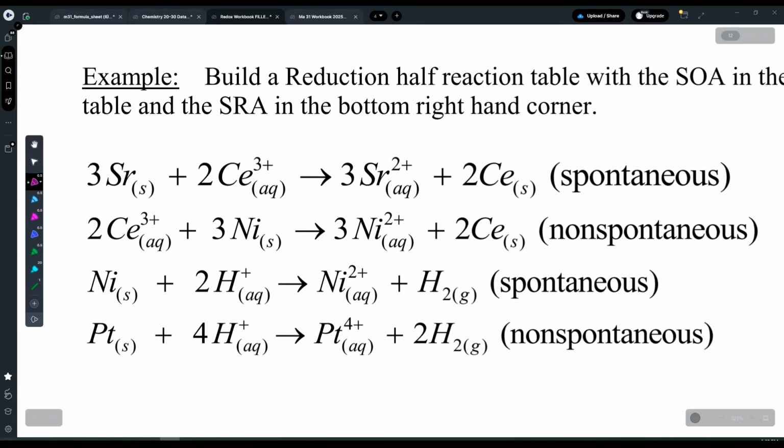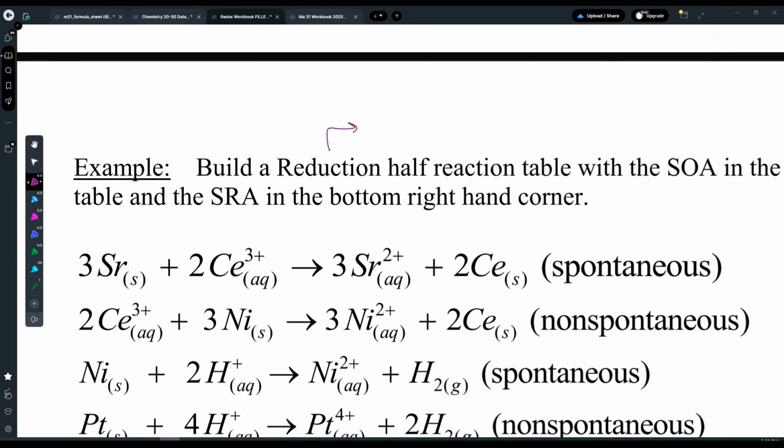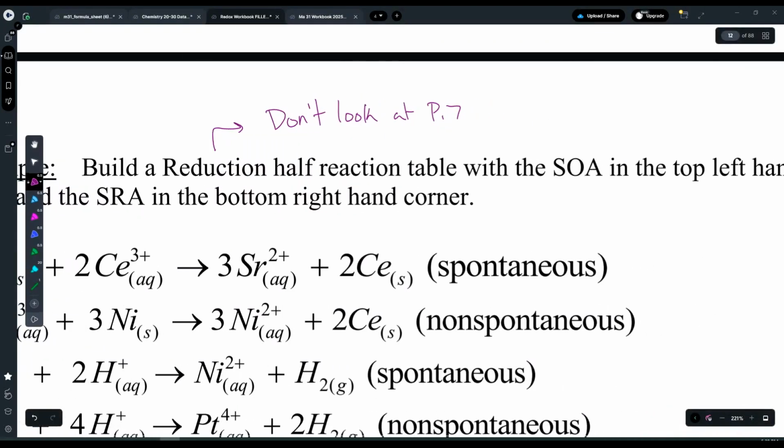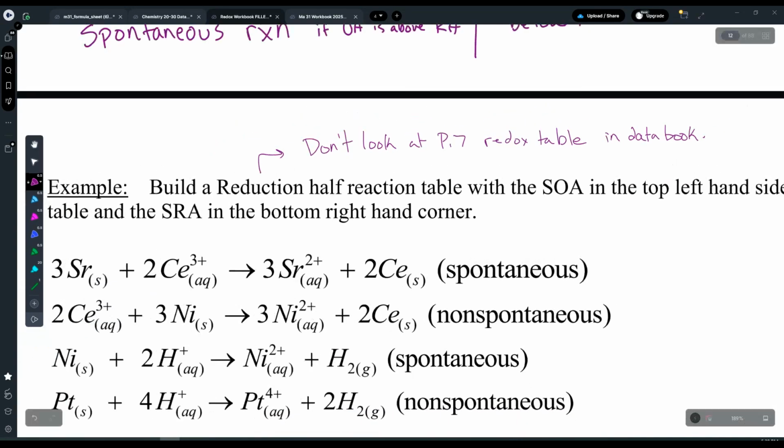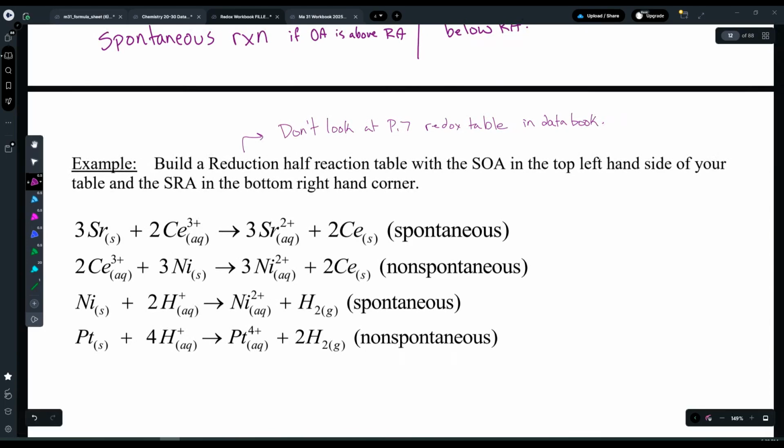So for this, we're not going to look at page 7 for the redox table that's there. Essentially, we're building our own mini redox table without the data booklet.